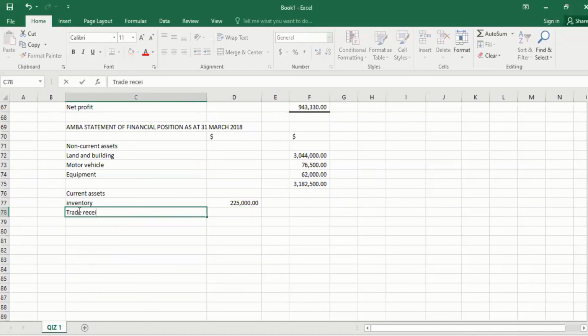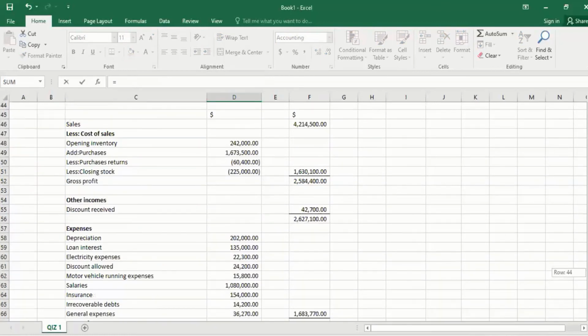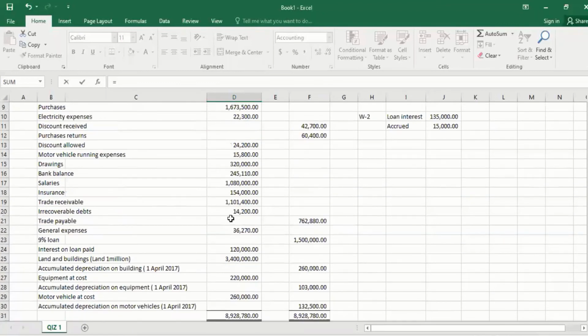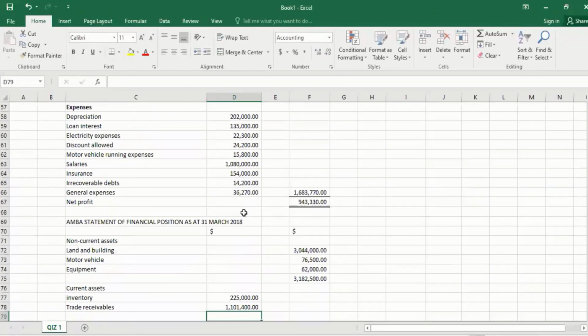Trade receivables, we have it there, you can see, just need to copy that.